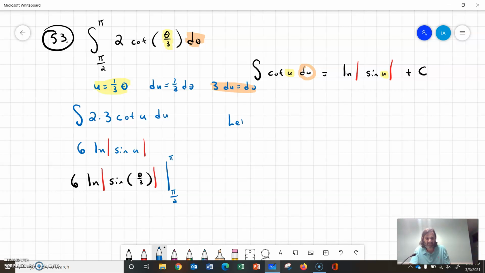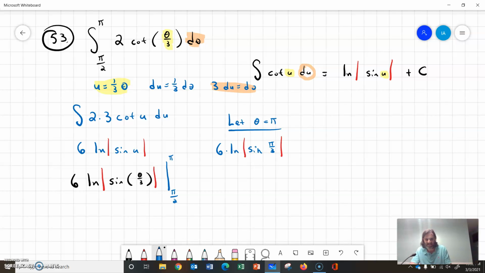So let's plug it in. Let theta equal pi. So we'll have 6 times the natural log of the sine of pi over 3. Pi over 3 is that 60-degree angle.